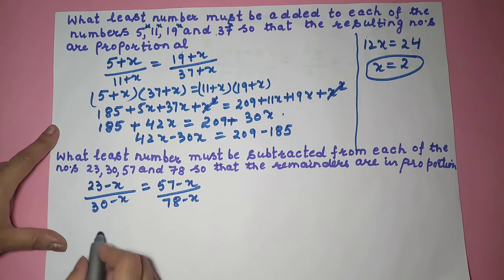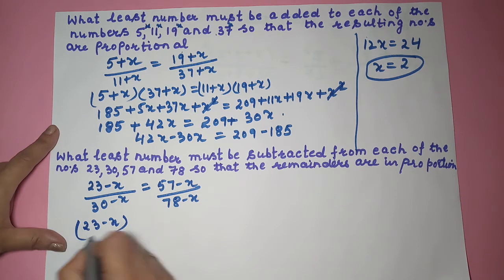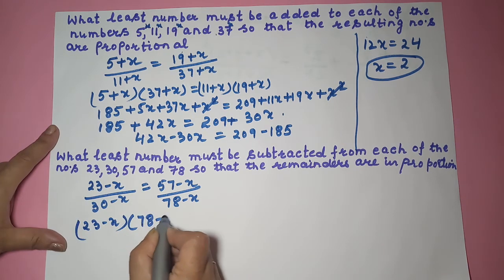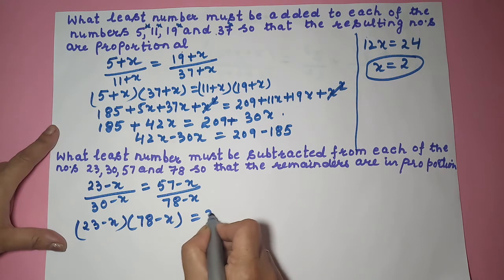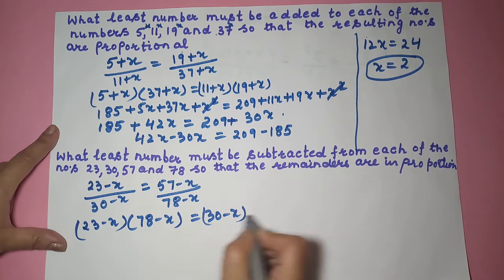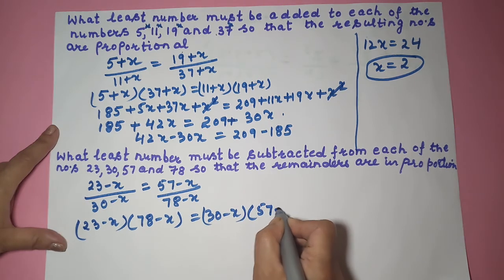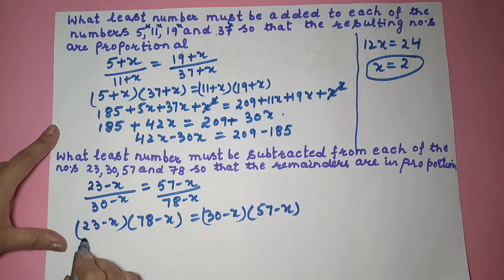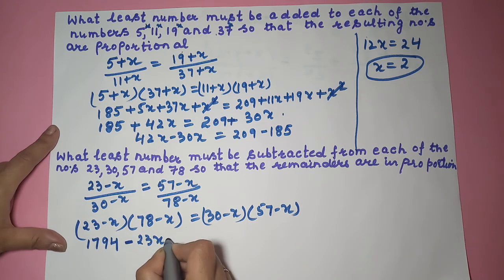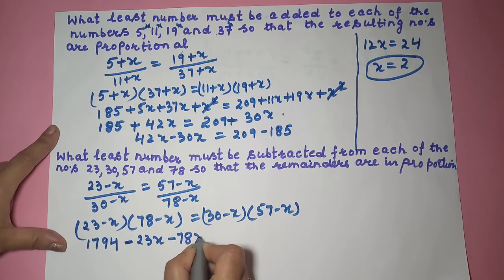Now we will cross multiply. 23 minus x into 78 minus x is equal to 30 minus x into 57 minus x. So 23 into 78 is 1794 minus 23x minus 78x, and then minus and minus becomes plus x square.